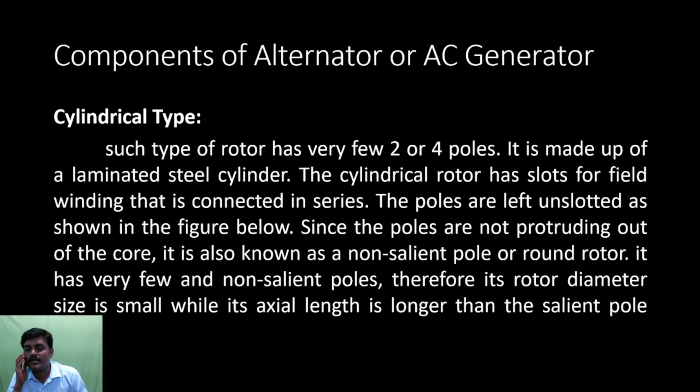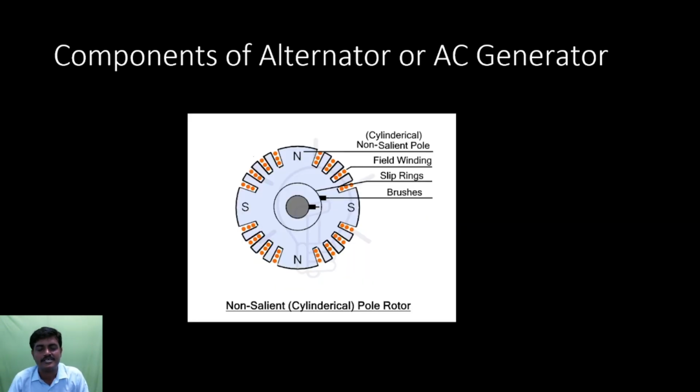The poles are left unslotted, as shown in the figure below. The remaining slots are for the copper or damper windings, and the poles are not slotted.